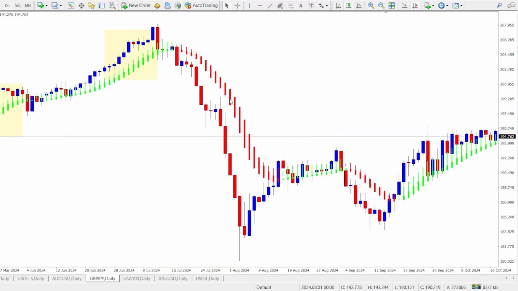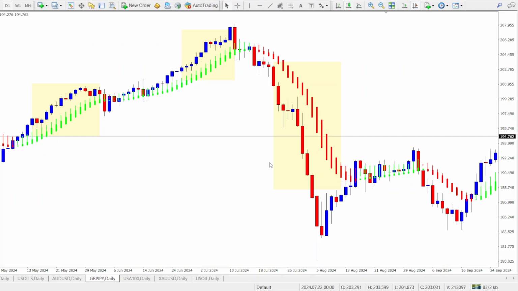And in the case of a sell trend, you can see that it happened here as momentum was increasing. As sell momentum was increasing, can you see that there was some distance between the candlestick and the indicator? Then when the momentum decreased, the candlesticks and the indicator began to touch again.